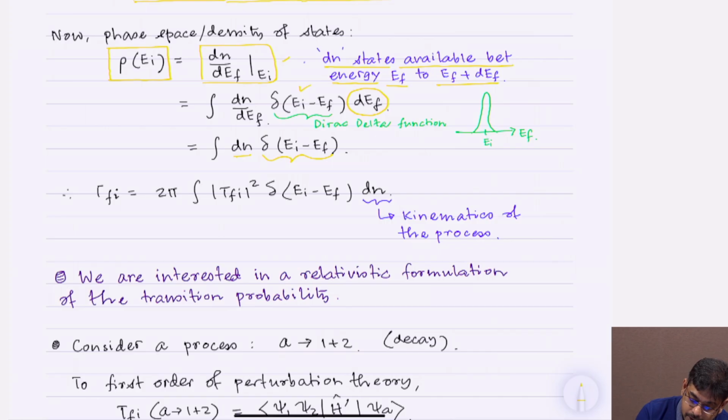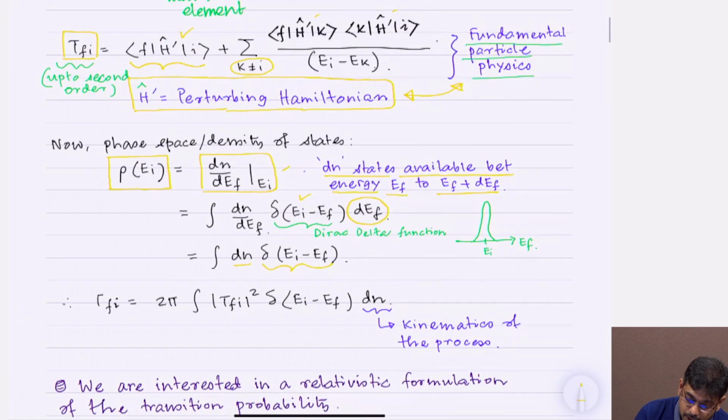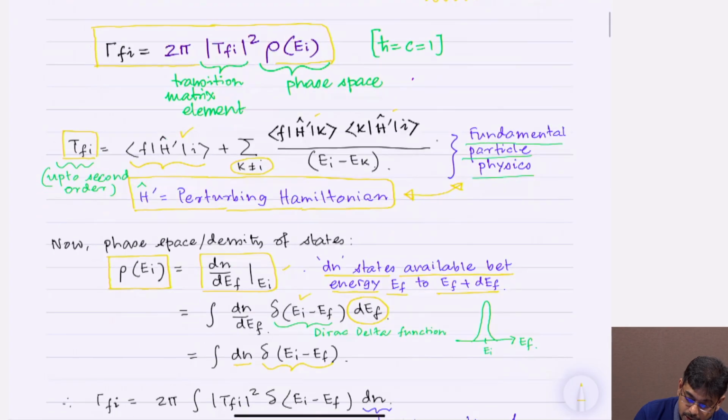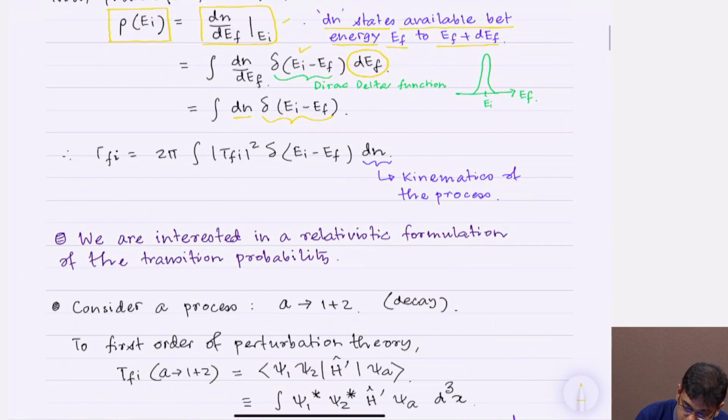So, if I now rewrite the expression of transition probability using Fermi's golden rule with this expression of rho(E_I), what does it read? It reads like Gamma_Fi equal to 2 pi |T_Fi|^2 delta of (E_I − E_F) into dN, and this dN is essentially the kinematics of the process.